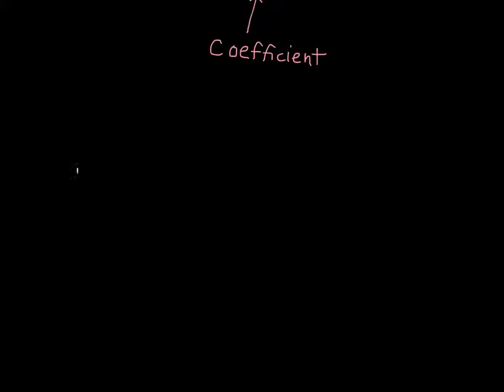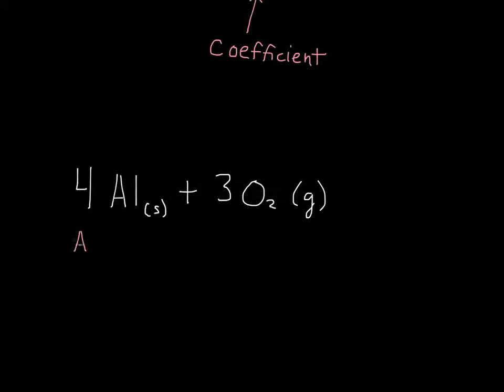So for example, if we have 4 aluminum atoms, and these come in a solid, you can buy aluminum as a solid, and we combine them with 3 oxygen molecules, which, as you may be breathing in right now, hopefully are. We're taking 4 aluminum atoms and combining them with 3 O2 molecules.